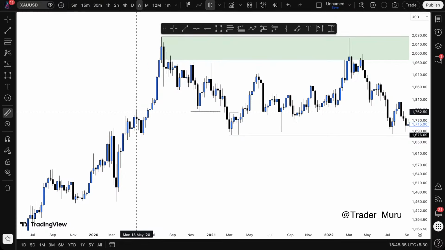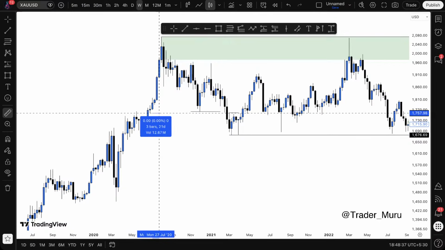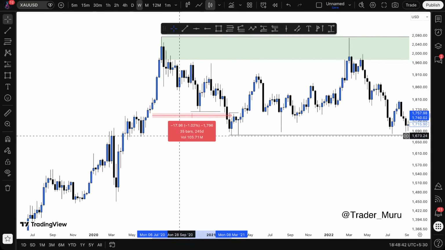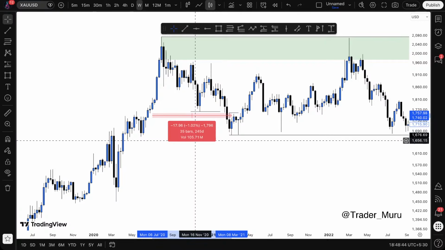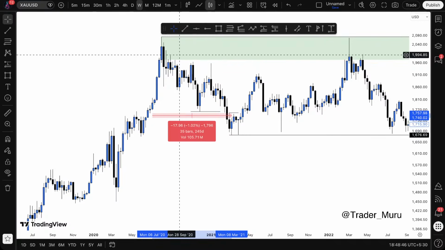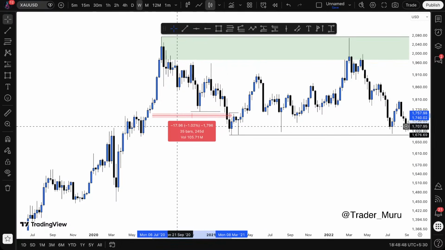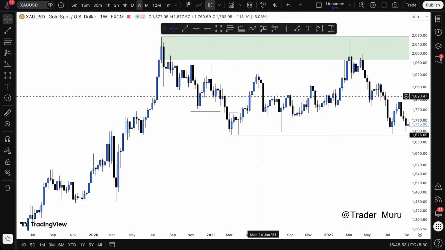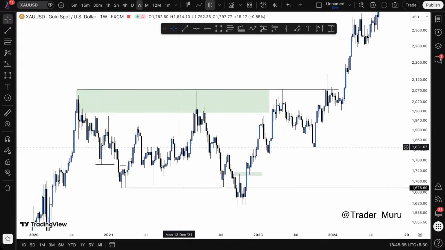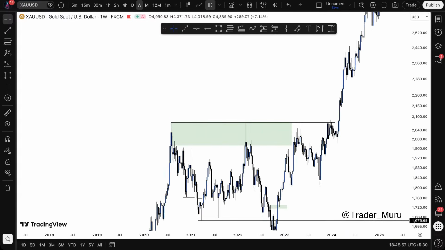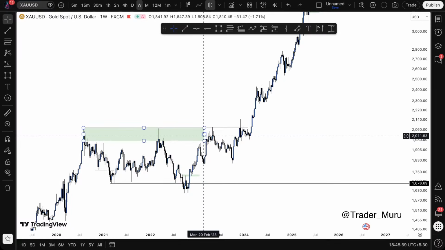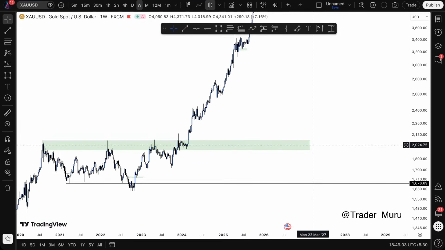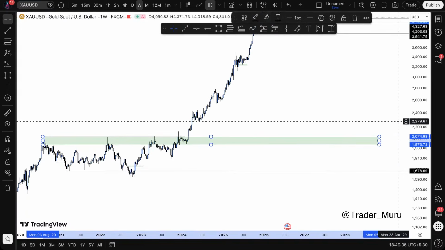After the breakout structure it took 35 weeks to retest that area. But price always retests those areas. Gold never leaves those areas untested. In future, we will see this area tested too. This is also pending, near 2000.